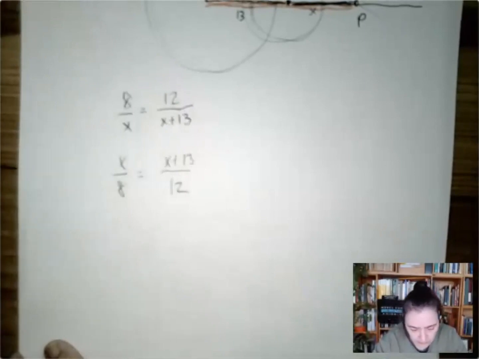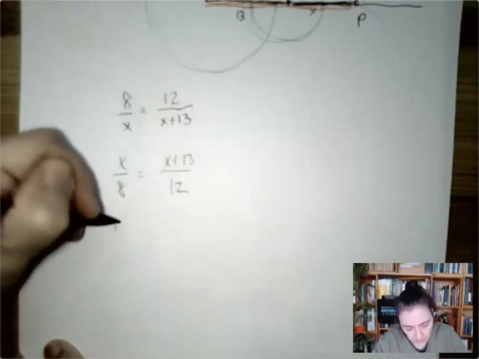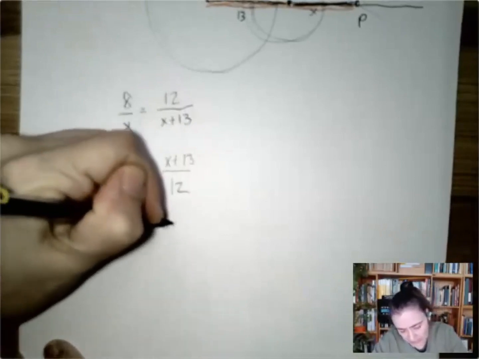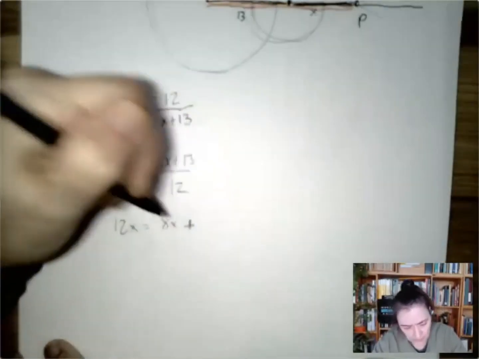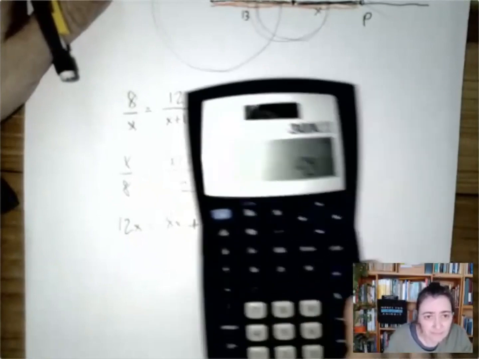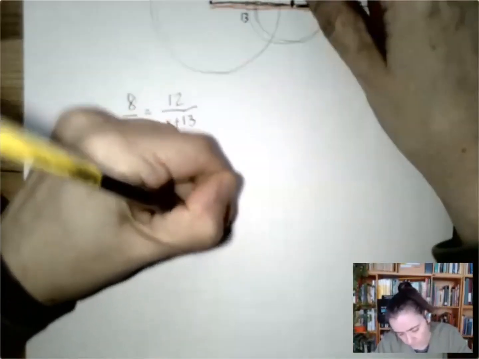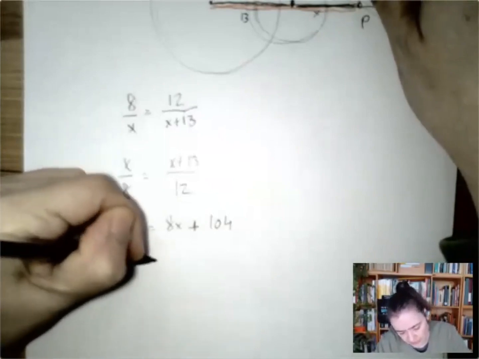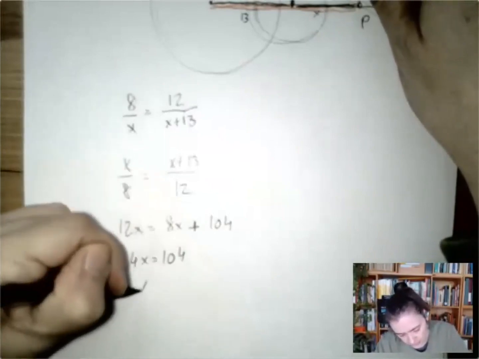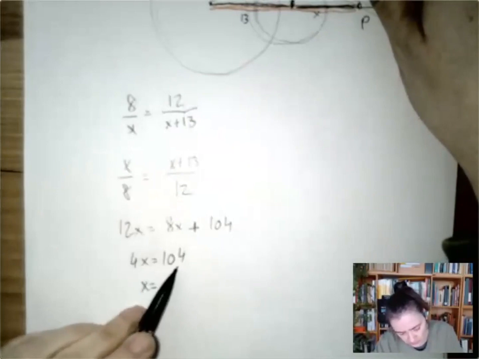We can cross multiply. Let's do that. So 12x is 8x plus 8 times 13, 104. So 4x is 104. And so x is, if this was 100, it would be 25.